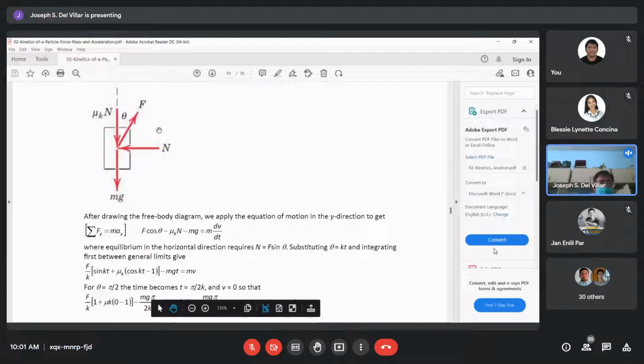So we have this free body diagram, with horizontal and vertical forces, and a force at a certain angle with respect to the vertical.